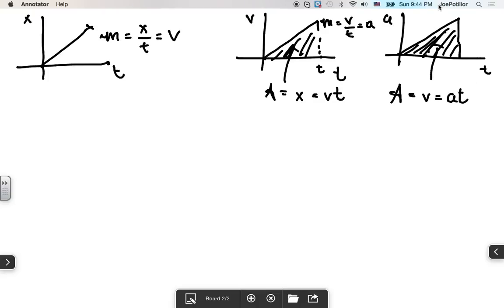Similarly, we have the same situation for our angular motion, which we'll talk more in detail about.